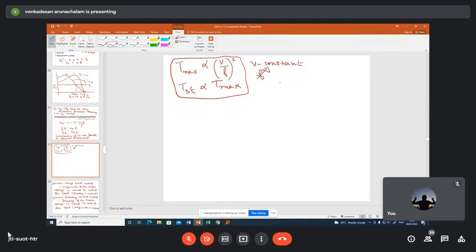Here, you assume some base frequency. The base frequency is nothing but the rated frequency. For example, this is 50 Hz. Now, you can draw the torque slip characteristic for the base frequency or rated frequency 50 Hz.